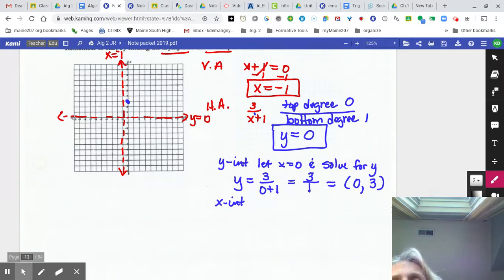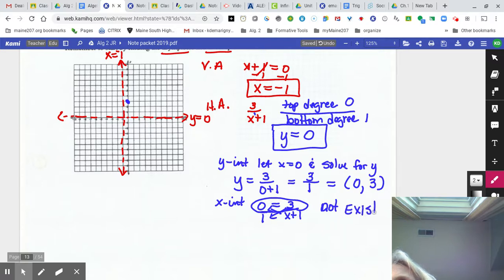So for x-intercept, I need to let y equal 0 and solve it for x. Or we can remember the shortcut that if we set the numerator equal to 0, that 3 is not equal to 0, and so therefore it does not exist. And we call that a DNE. It does not exist.